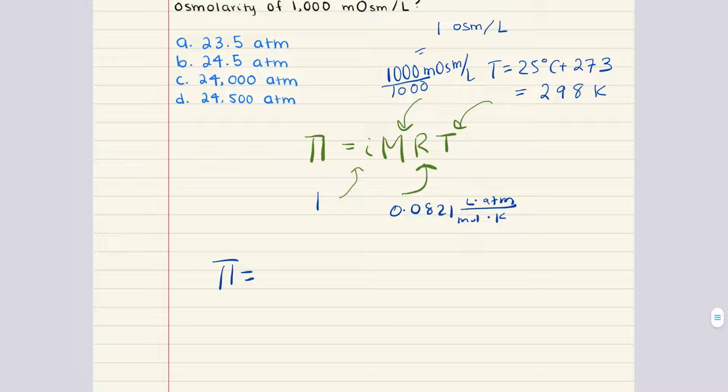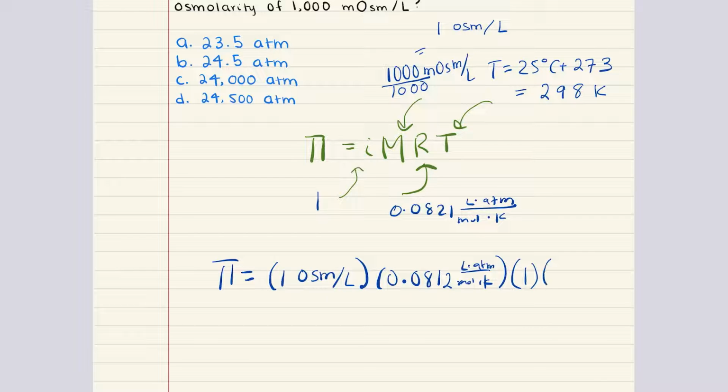We have 1 osmole per liter multiplied by 0.0821 liter times atmosphere over moles times Kelvin, and this is going to be multiplied by i, which is also 1, and then temperature, which is 298 Kelvin.